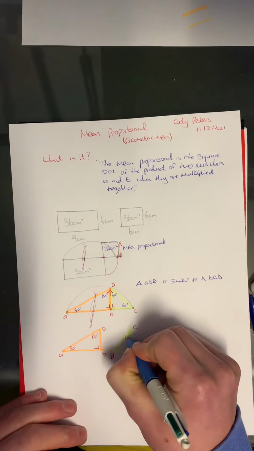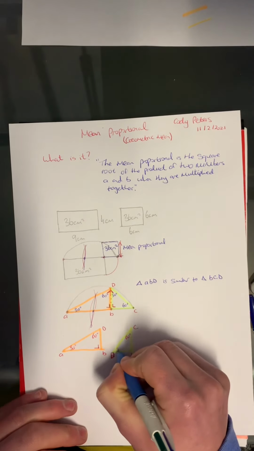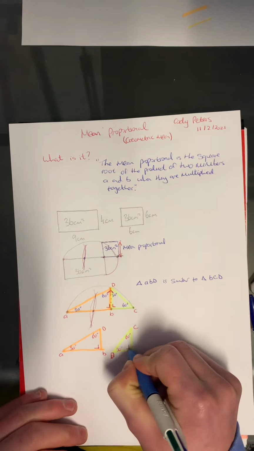So this angle up here is 60 degrees, this angle is 30 degrees, and this is 90 degrees.